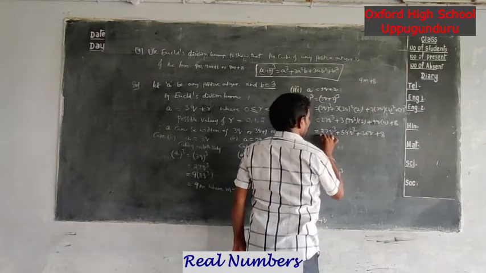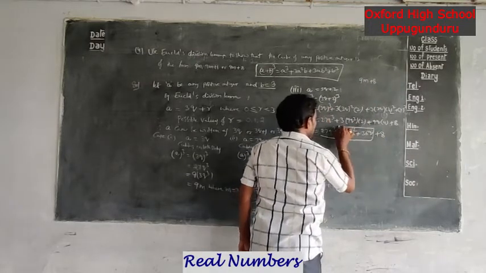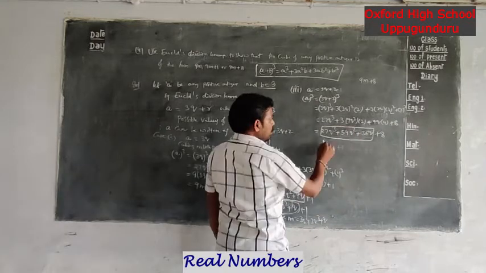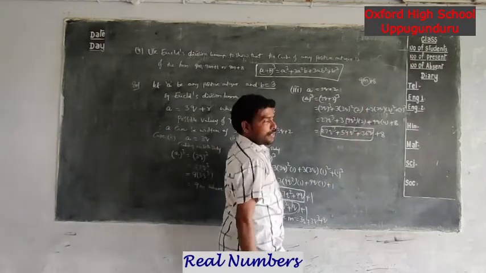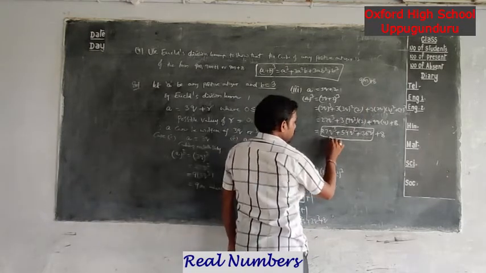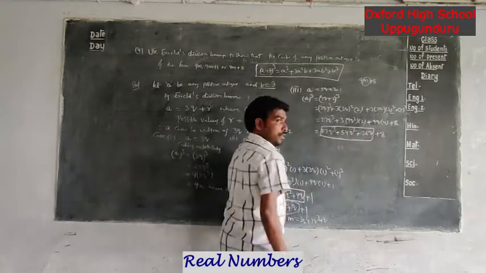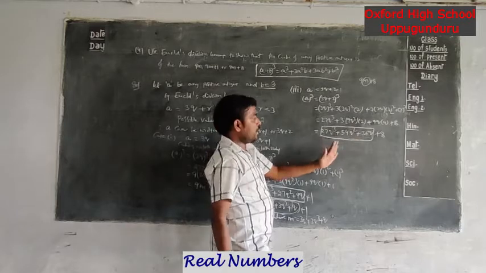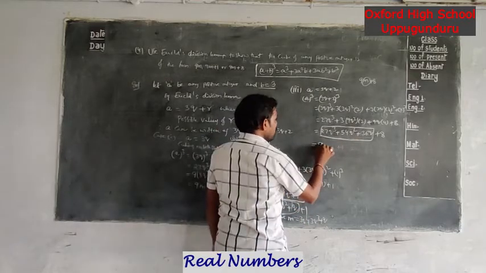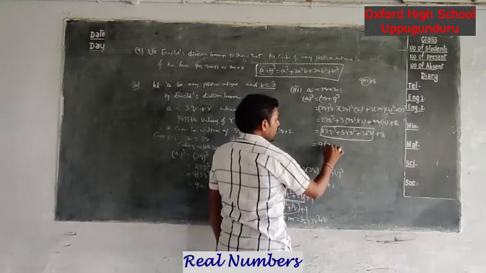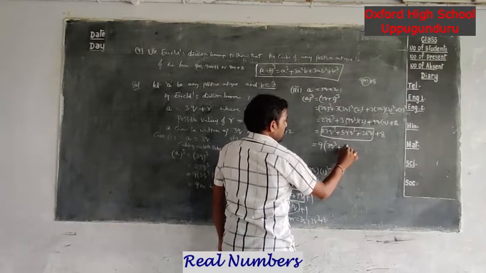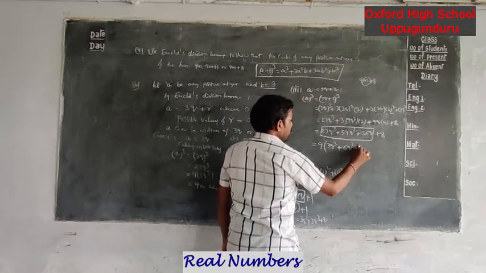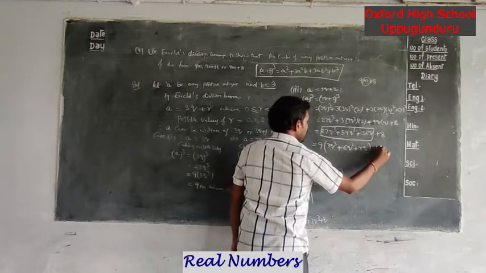That means you have to combine these three terms and write them as 9 into some positive integer m. So when you observe all these three terms, 9 is common. If you consider 9 as common, 9 into 3q cube plus 6q square plus 4q, plus 8.